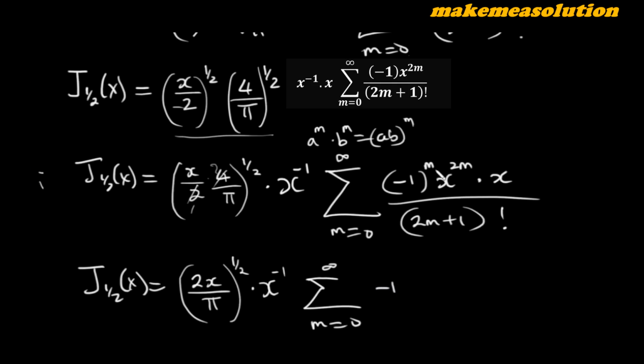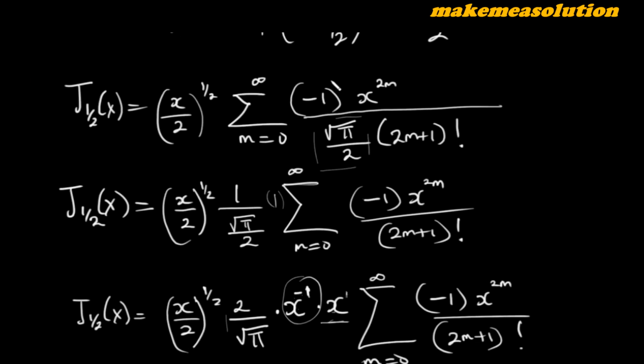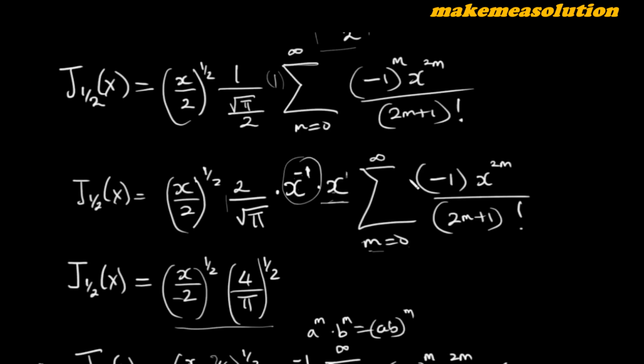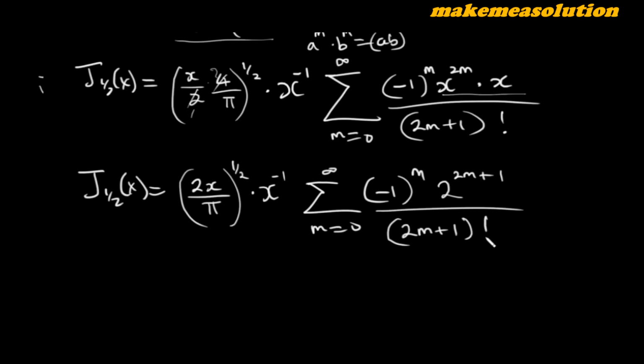I missed an m here, sorry about that. I missed it from these points. So I hope you wrote it in your own. Then minus 1 to the m, you have from indices, these two will be x^(2m+1) over (2m+1) factorial.